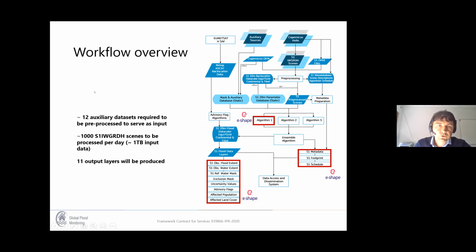This system should be applied to process around 1,000 Sentinel-1 scenes that are acquired every day, and to produce the 11 output layers requested by the CEMS managers and their users. The chain uses as main input the Sentinel-1 data sets, but 12 auxiliary data sets are also needed in the chain to improve the robustness and reliability of the products that we are generating.